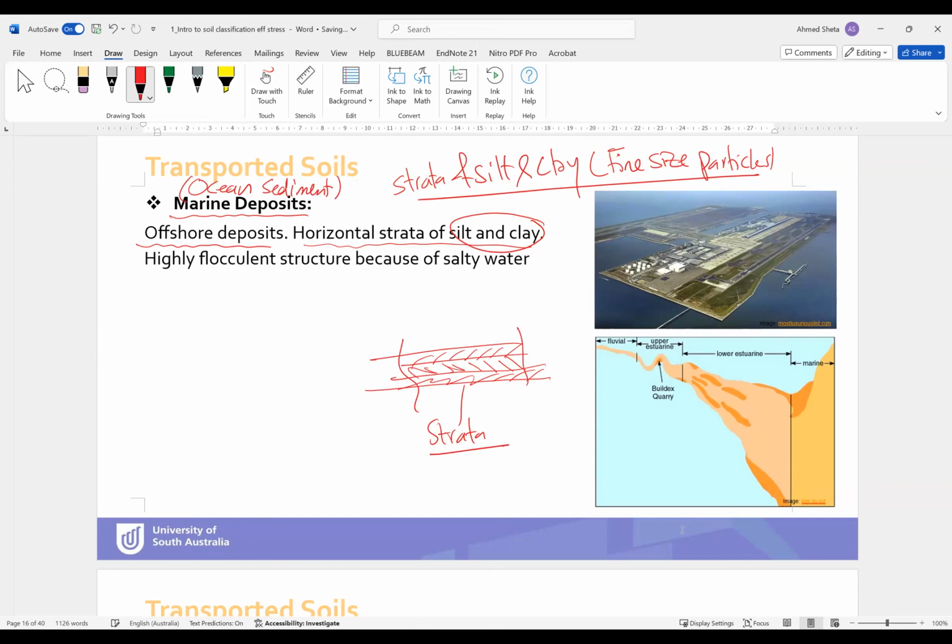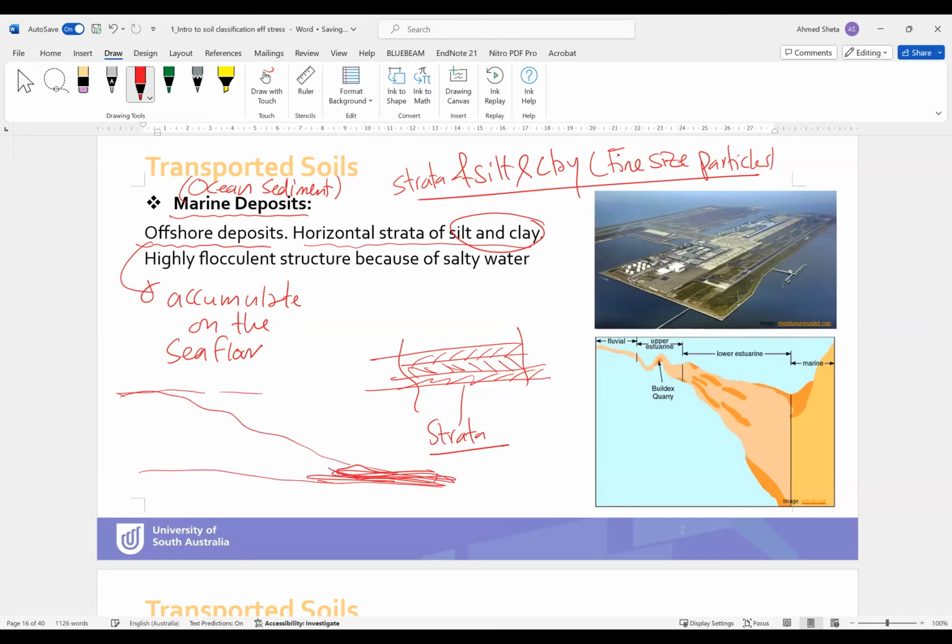This soil accumulates on the sea floor. So if this is our sea, somewhere here will be our soil and this is water. So this type of soil will be on the sea floor.